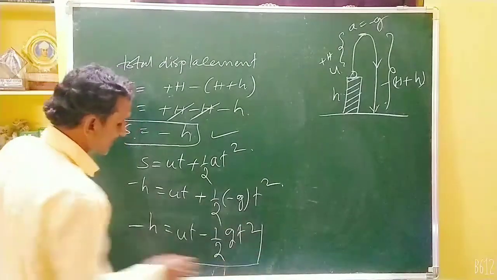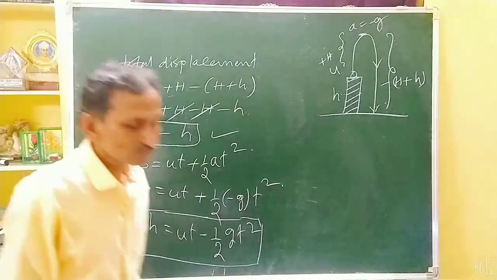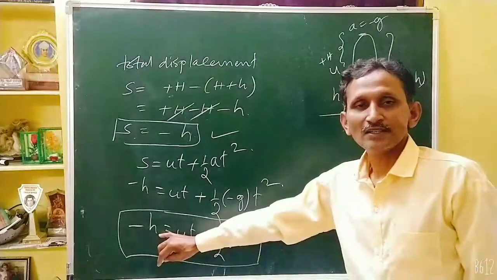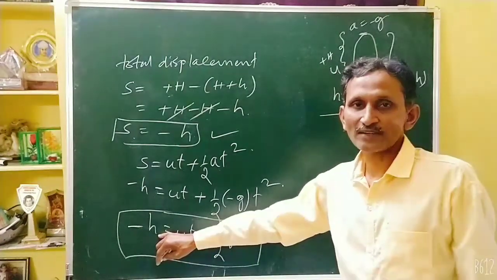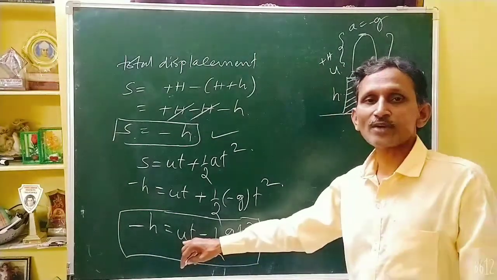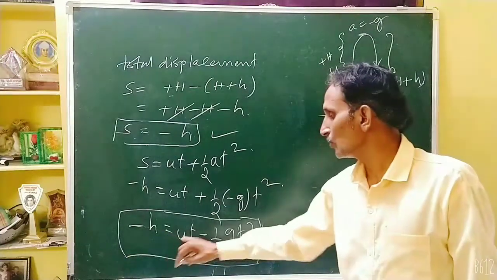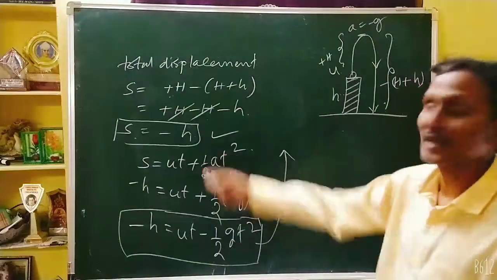This is the equation we saw yesterday for a body projected from the top of a tower. If you want to know the height of the tower with the initial velocity, we have the relation minus h is equal to ut minus half g t square. This same equation can be written in another form.